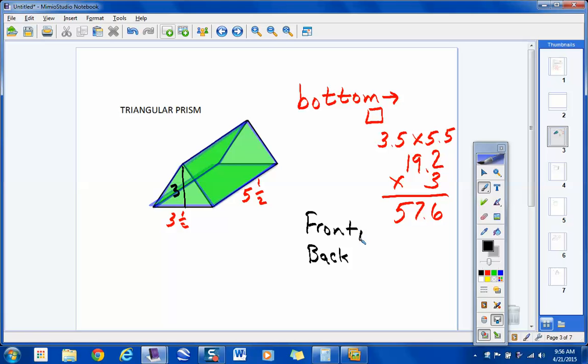Okay. And that area would have been 1/2 times 3 times 3.5, right? How much? 10.5.